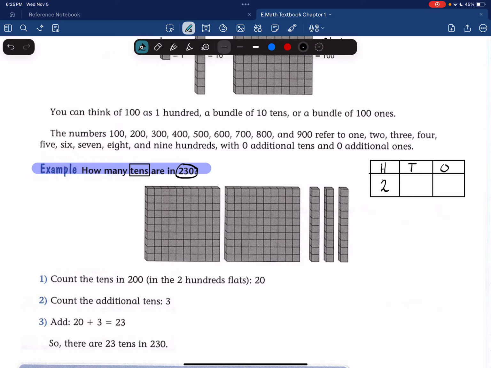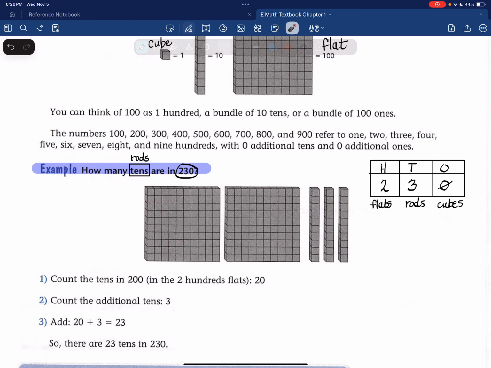And then the 2, 3, 0 goes into it, and I usually put a line to show that's a 0, not an O. But that would be our place value chart, which shows us 2 flats, 3 rods, and 0 cubes. So the question is literally saying how many rods are in 230? Well, I know there are 3 because I can see them here.